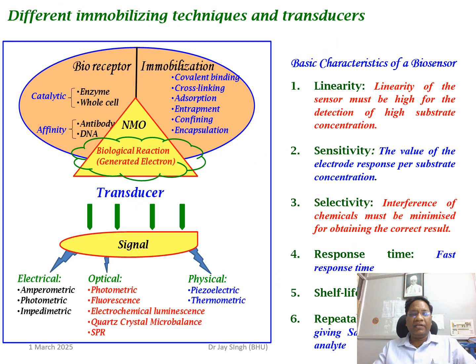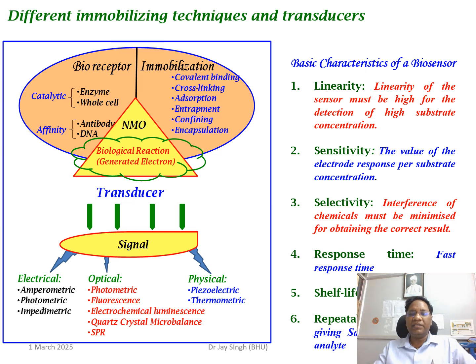So different immobilization techniques are available for biosensing. That is, immobilization in terms of covalent binding, cross-linking, adsorption, entrapment, confining, electrospinning, and bioreceptors. There are different types of bioreceptors, such as nanometer oxides, and the signal is formed. The transducer can convert the signal into electrical, optical and physical forms.